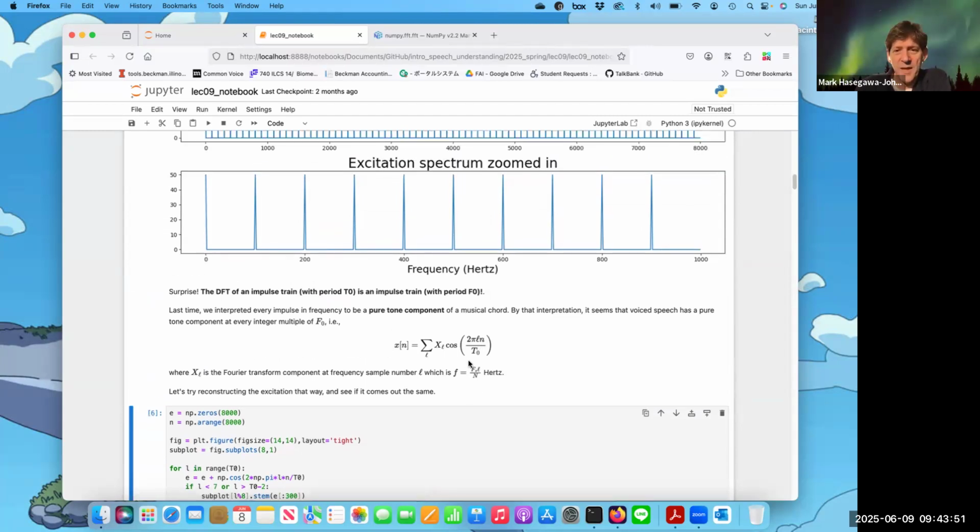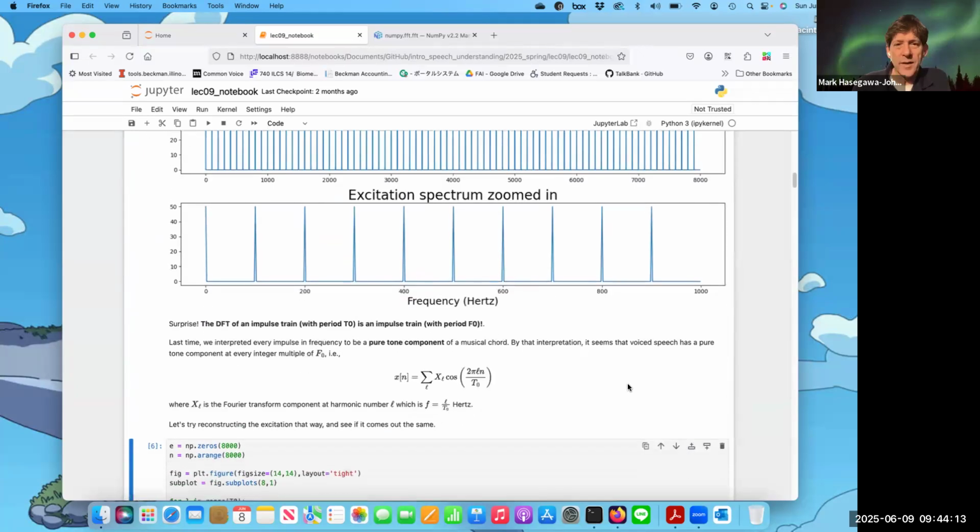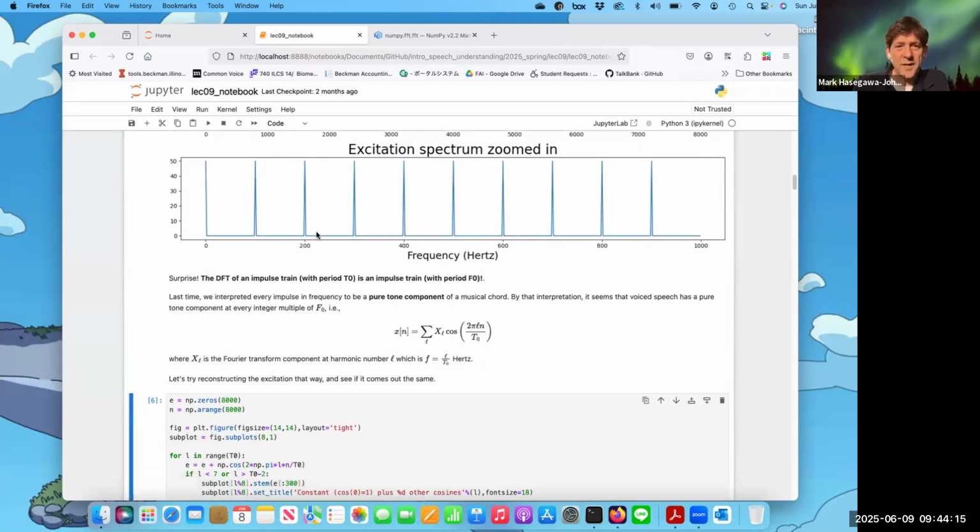And so we have L over T naught hertz, because that's the harmonic number L. Okay, so we have the Lth harmonic. So 1, 2, 3, right? The Lth harmonic has a frequency of F equals L over T naught hertz, or L times F naught.